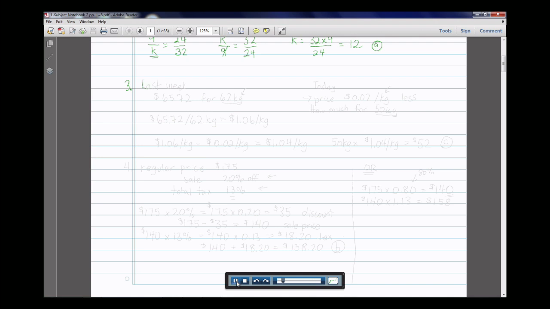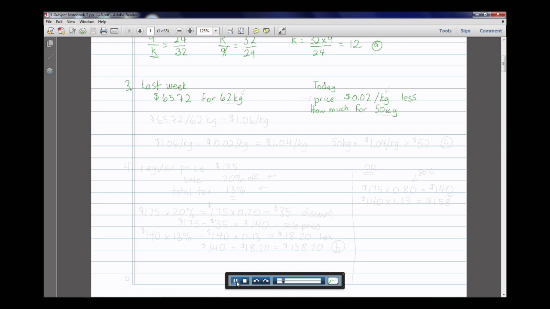So if you write down what's true, last week she paid $65.72 for 62 kilograms of potatoes, whereas today you know that the price is $0.02 or 2 cents a kilogram less. And what we're looking for is how much for 50 kilograms.